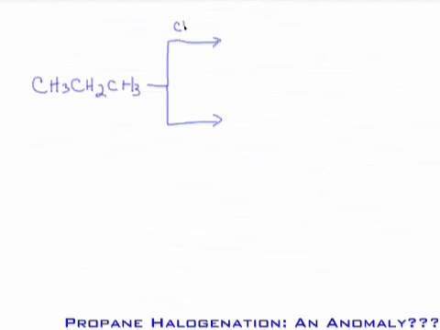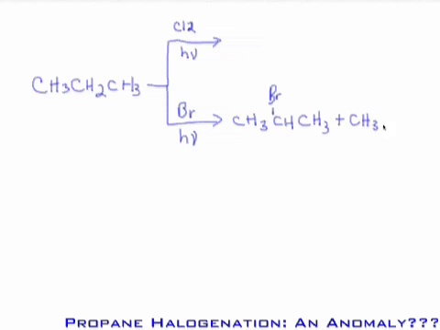That is, in the upper one, I do Cl2 and H nu. The bottom one's Br2. Well, there are two possible monohalogens I can make. I can stick the bromine on the end, which would be a primary, or I could stick it on the middle carbon. So, here's the secondary bromo, and here is the primary bromo.